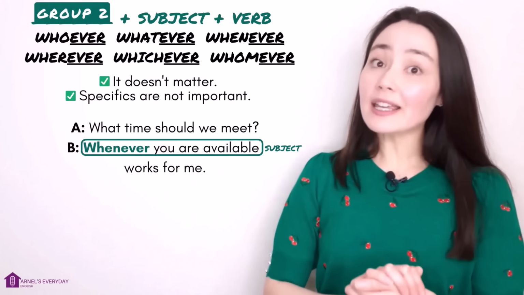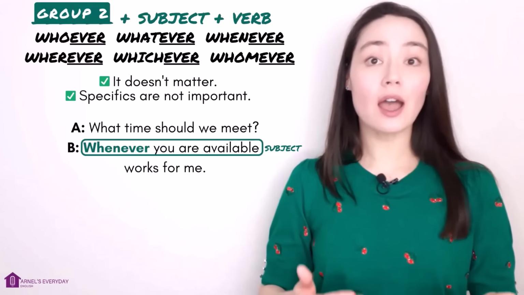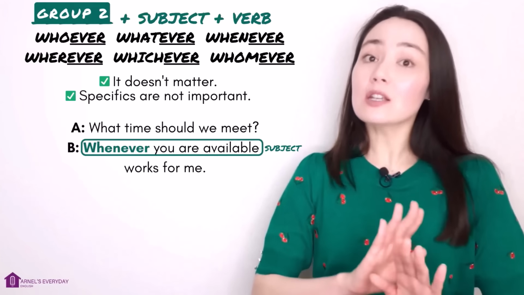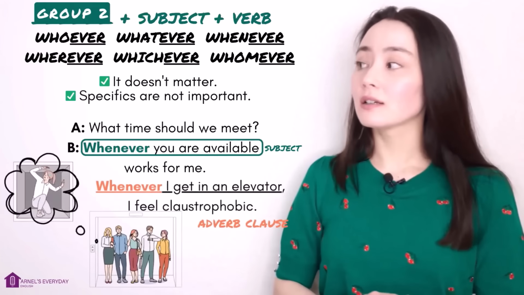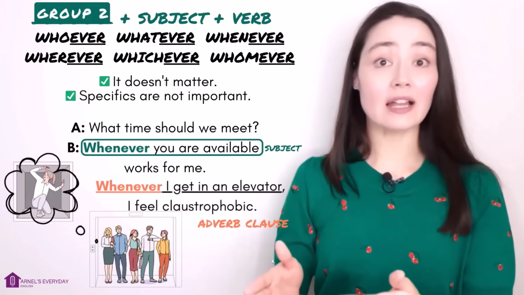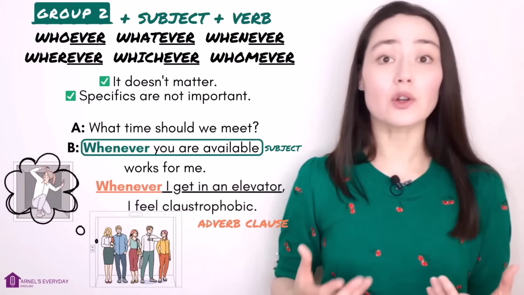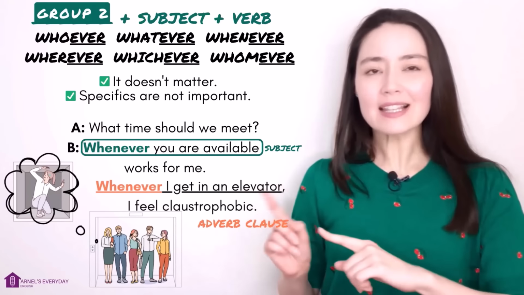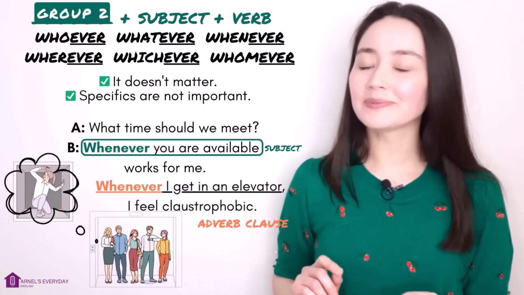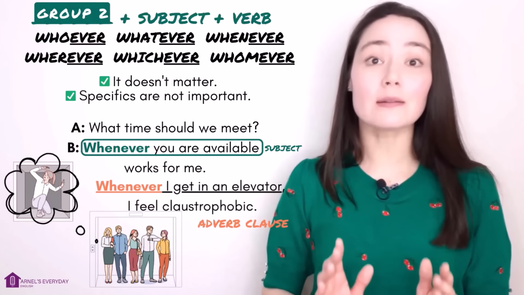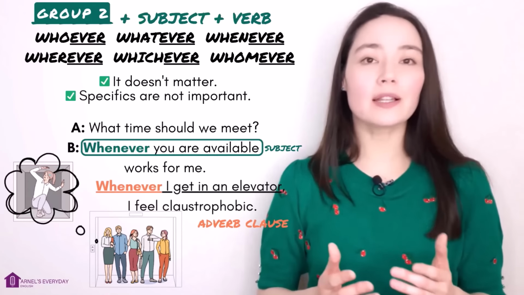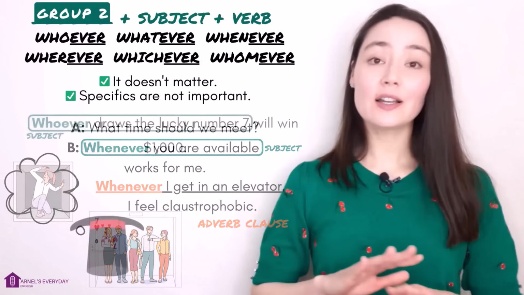And remember, again, noun clauses function as nouns. So it's not the same as saying, whenever I get in an elevator, I feel claustrophobic. Is that clause functioning as a noun? No. So keep that in mind. Don't let the vocabulary throw you off.